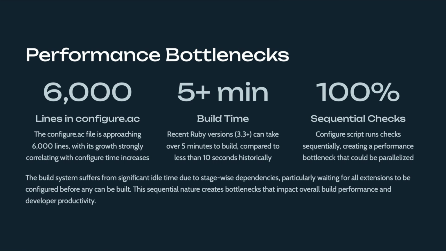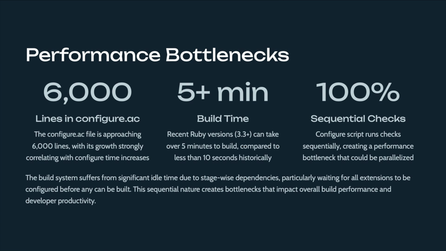But the make phase also suffers from performance issues due to what they call stage-wise dependencies. Remember how we said all extensions are configured before any of them can start compiling? Looking at the build traces, like the ones from TraceMake, shows these periods of idle time.